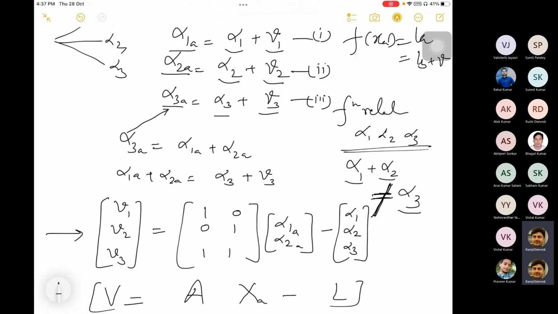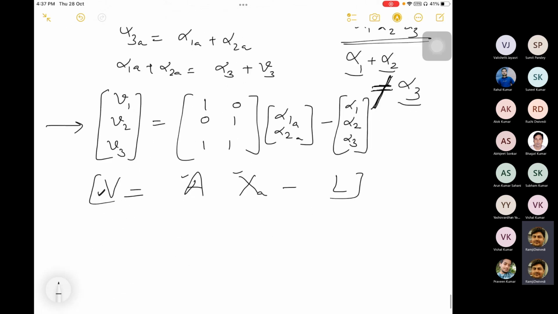Is it so? Just observe. In the first equation, V1 stays on that side, and alpha 1 goes on the other side, making it minus alpha 1. V2 stays on that side, alpha 2 goes to the other side, becoming minus alpha 2. Similarly here. Now we have written it in matrix form because we know that to make it in the form of Vx minus L, we have to write it in matrix form.